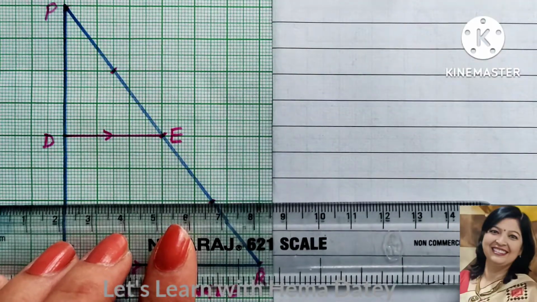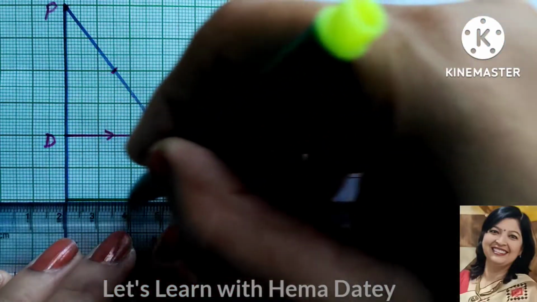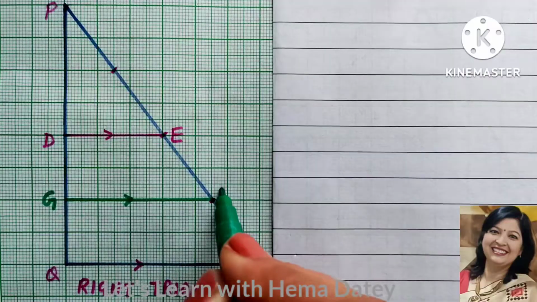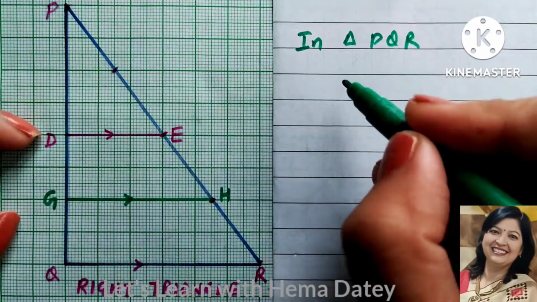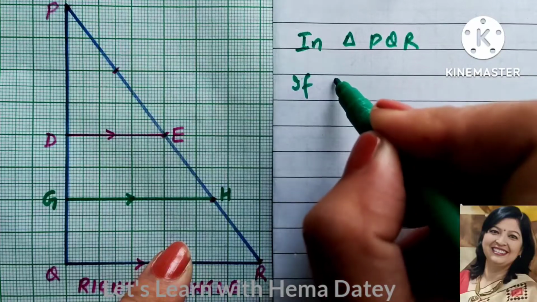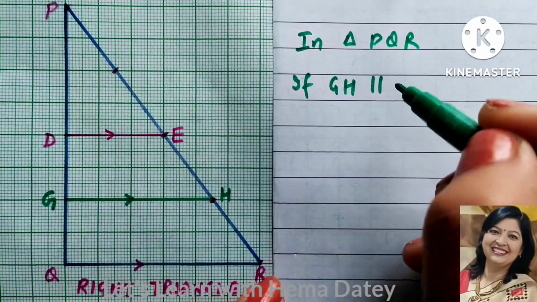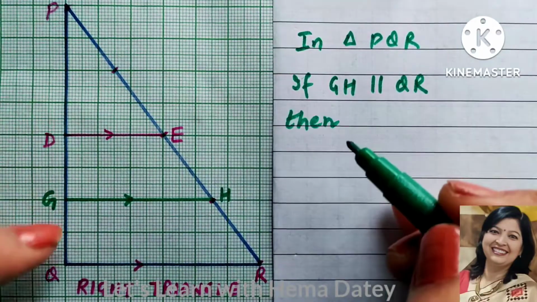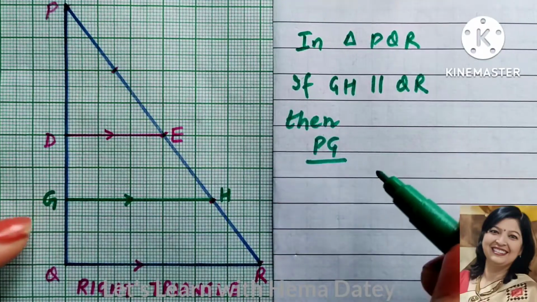If I draw a line parallel to QR somewhere here, let's name this line GH. Then in triangle PQR, if GH is parallel to QR, then let's find the ratio of PG to GQ.